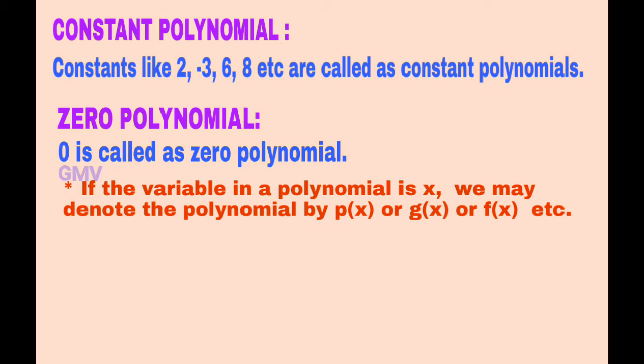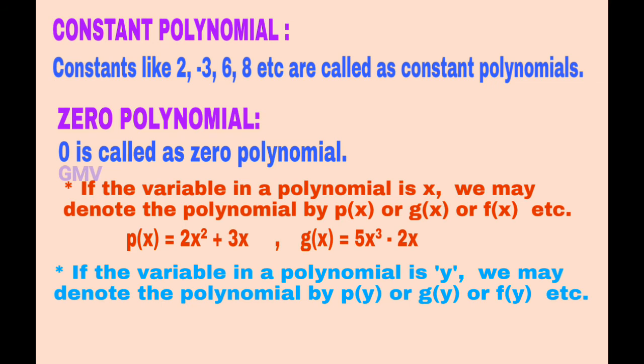If the variable in a polynomial is x, we may denote the polynomial by p of x or g of x or f of x, etc. For example, p of x is equal to 2x square plus 3x, g of x is equal to 5x cube minus 2x, like this. If the variable in a polynomial is y, we may denote the polynomial by p of y or g of y or f of y, like this.